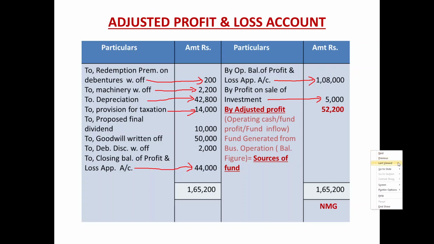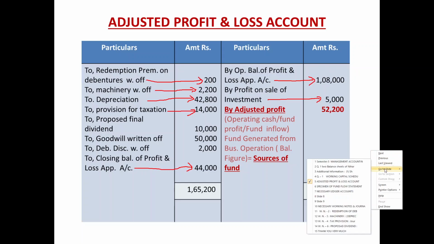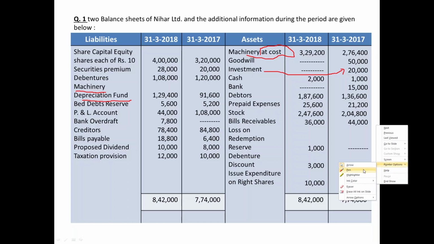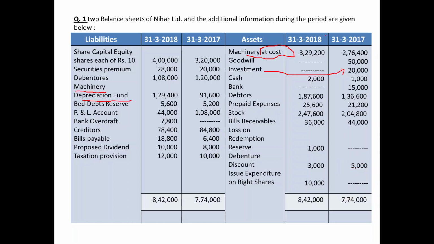Now let us verify the balance sheet for the remaining items. Come on the asset side one by one. Let us verify it. Machinery over. Second item, goodwill. Opening balance 50,000, closing balance nil.